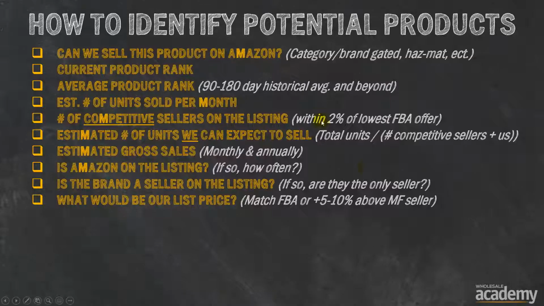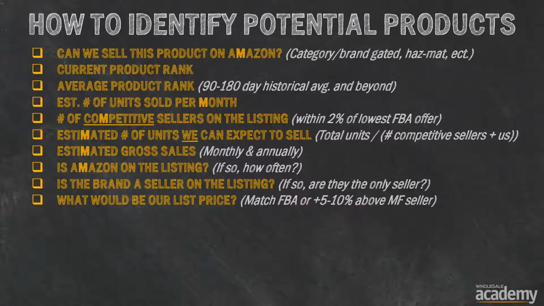And now, over here, I also wrote match FBA, which is what we want to do, or 5 to 10% above merchant fulfilled sellers. What this means is, if you're on a listing or want to be on a listing, and you're doing product research and everything checks out, but there are no FBA sellers on it and you would be the only FBA seller on that particular listing, you do not need to match the merchant fulfilled seller.